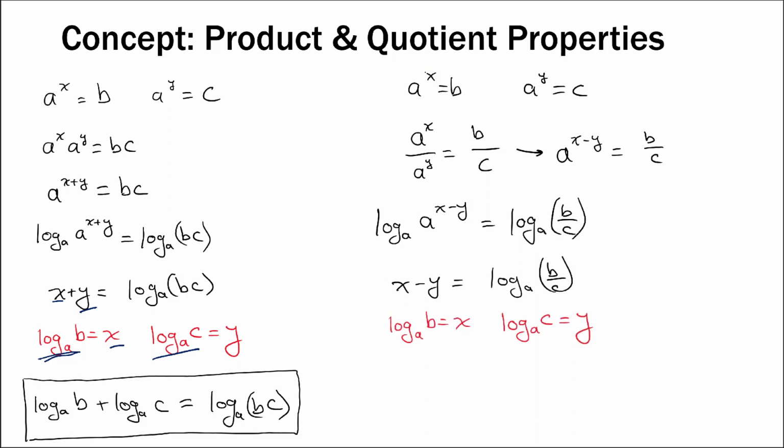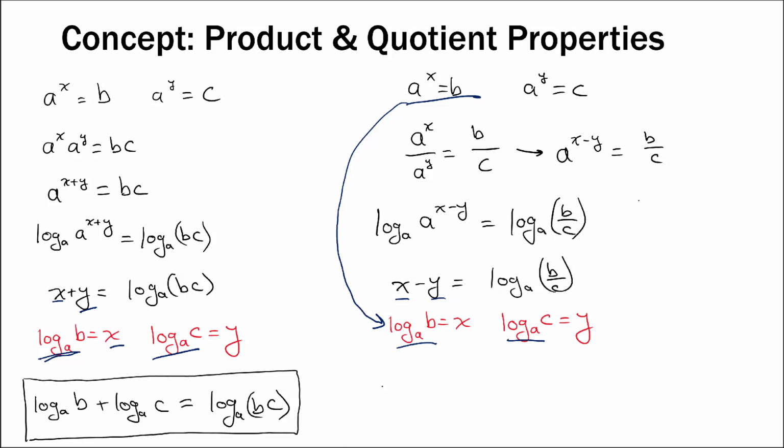Again, taking a look at my original starting equations here in logarithmic form. So log base a of b equals x. That's just rewriting this in logarithmic form, and same here. And then all I'm doing is substituting log base a of b for x, log base a of c for y.